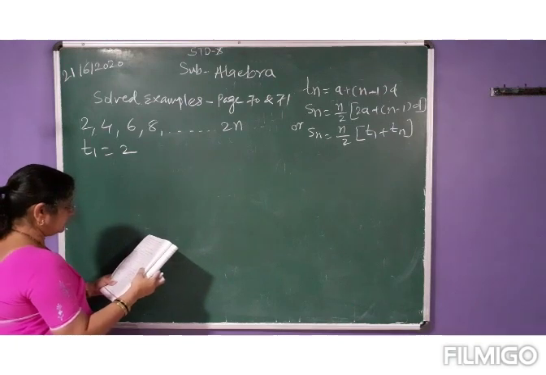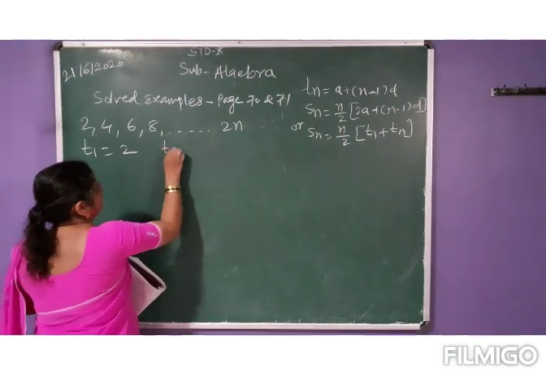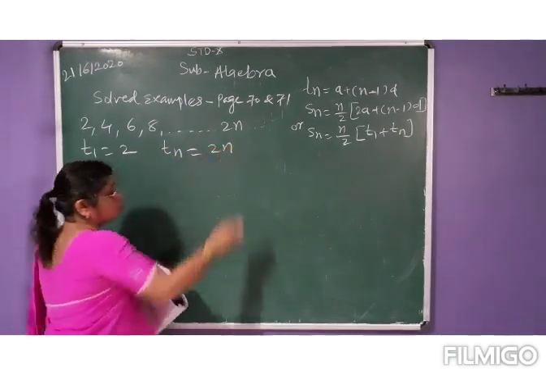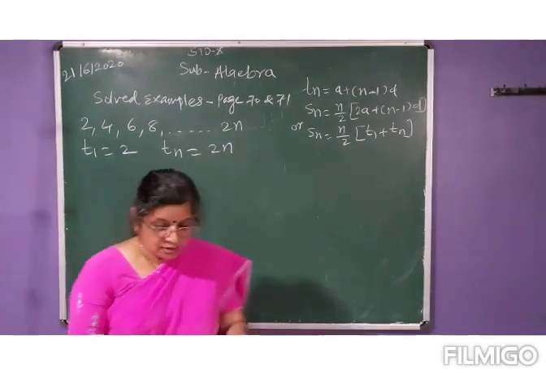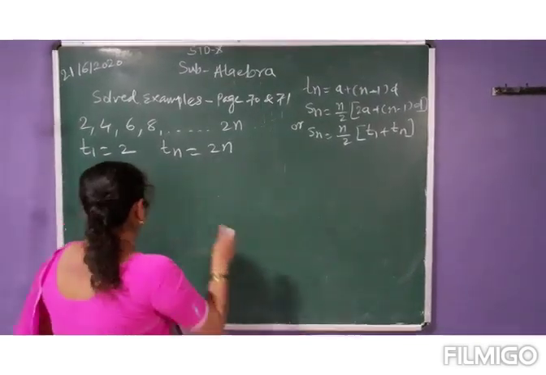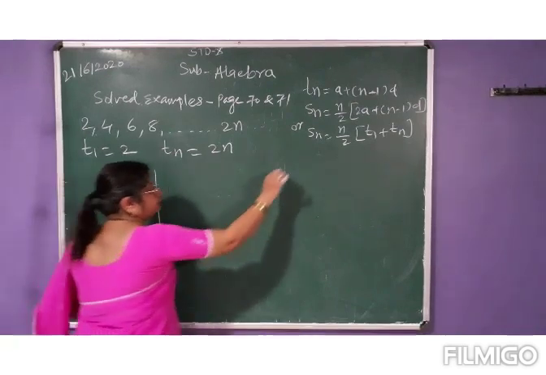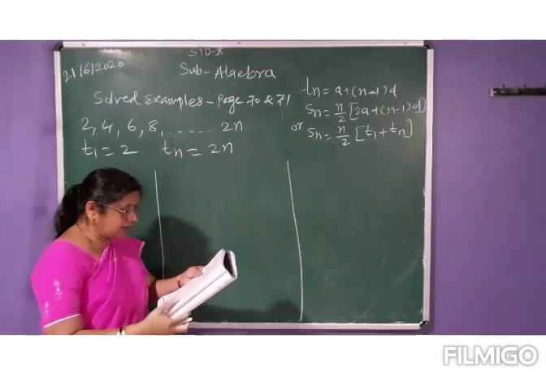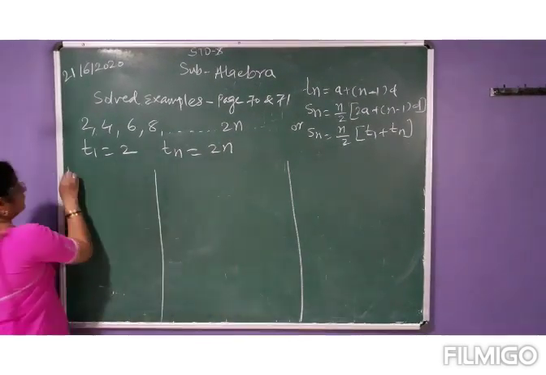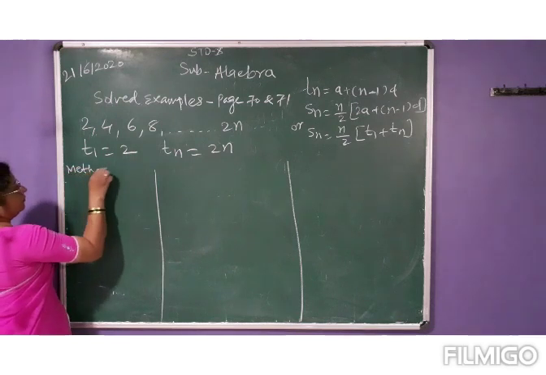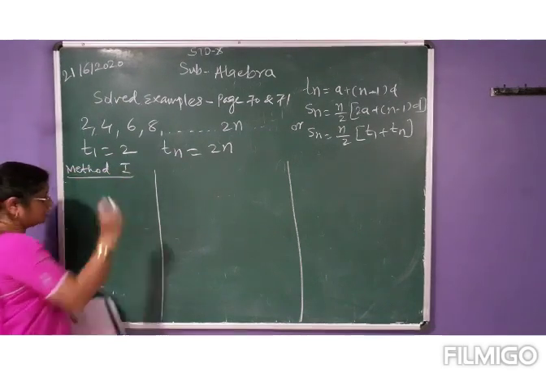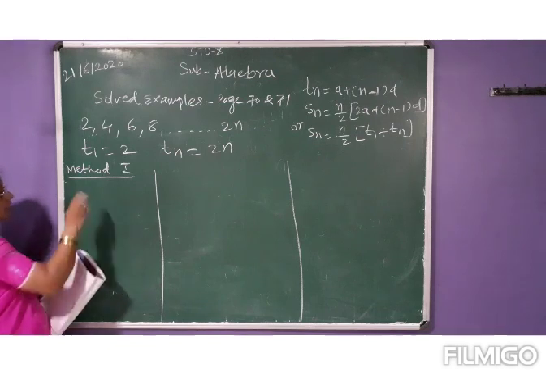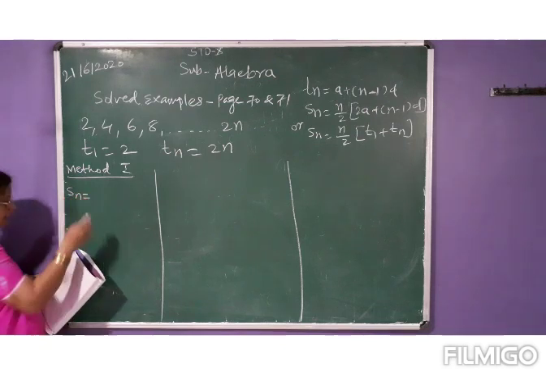Now here the first term T1 is 2. And what is the last term? The last term Tn is equal to 2n. Right? Now here three methods are there to solve this sum. We will see method 1. This is the first method. Now in the first method I want to find Sn, right?